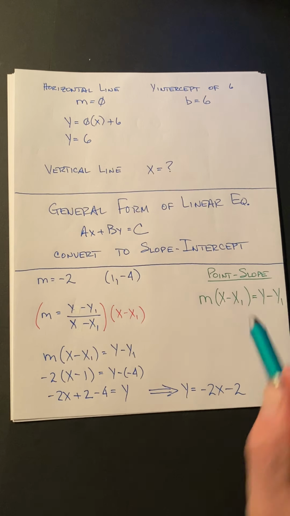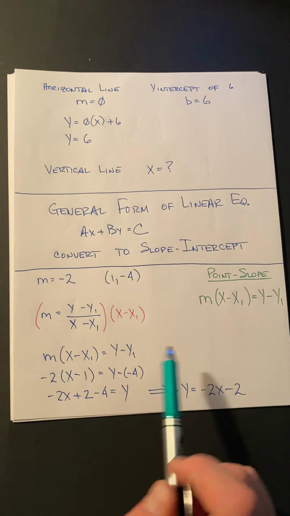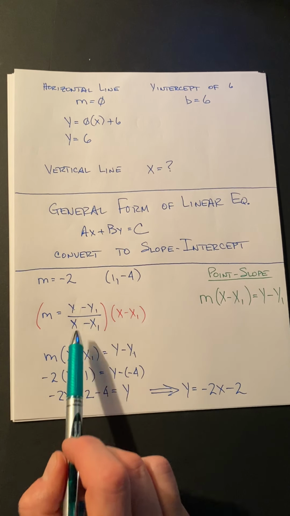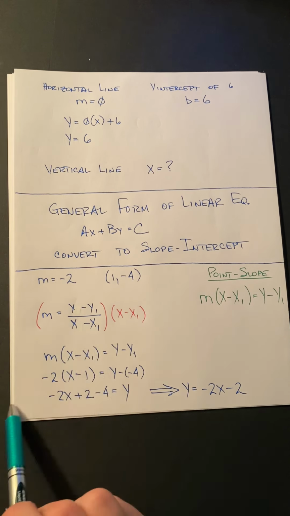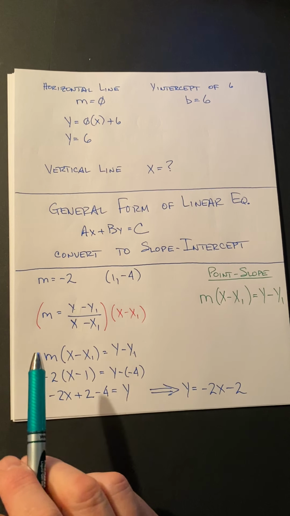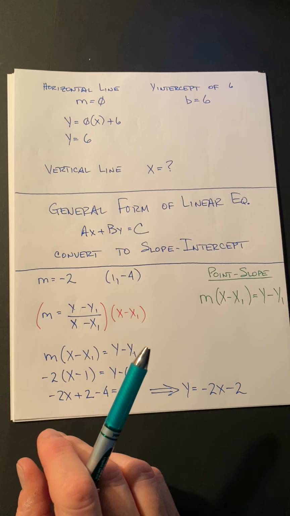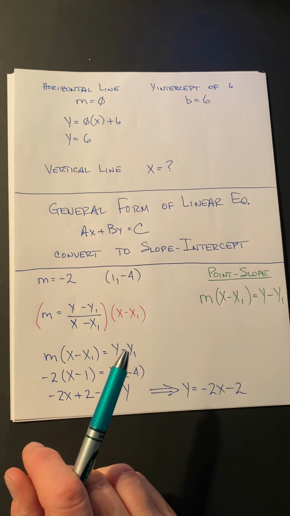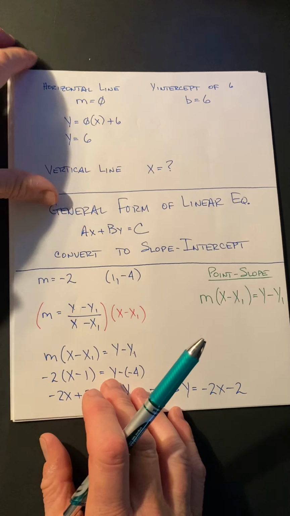So here's your point-slope formula that we derived by just talking through with some common sense, the slope formula in order to get that. So you can use that to develop an equation.